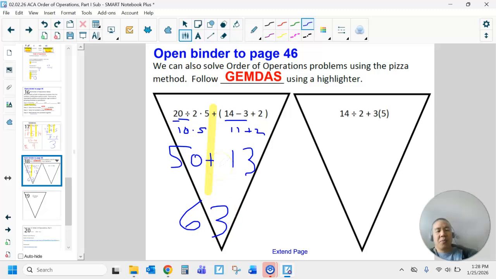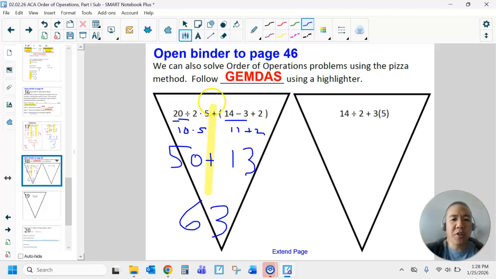So some of you are going to say right now, but last year, my teacher taught me that you're supposed to multiply, then divide, or add, then subtract. If you listen carefully to your teacher last year, they probably said you have to do it from left to right. So the way I teach it and the way we teach it here is we don't worry about this left and right.